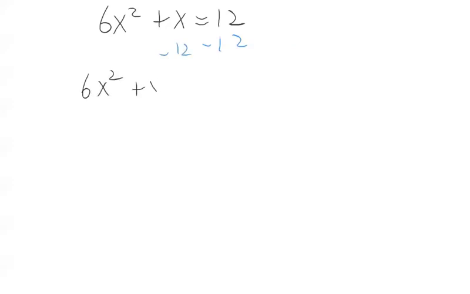Now, if I want to use the factoring method, I have 6x squared plus x equals 12. Subtract 12 from both sides: 6x squared plus x minus 12 equals 0. This is a good practice of the AC method.